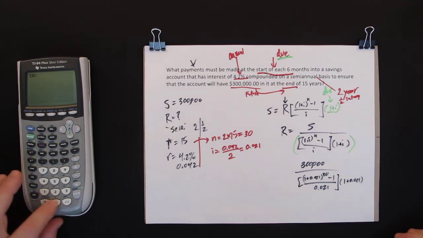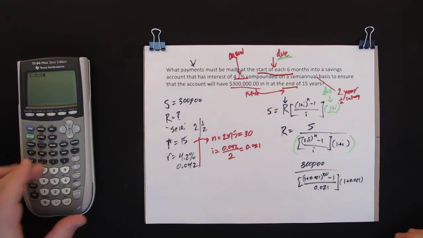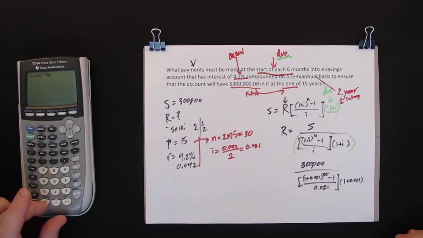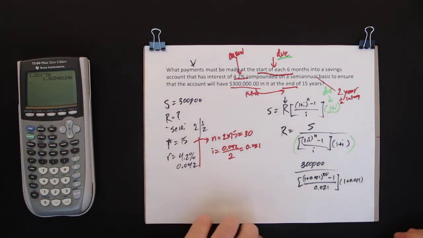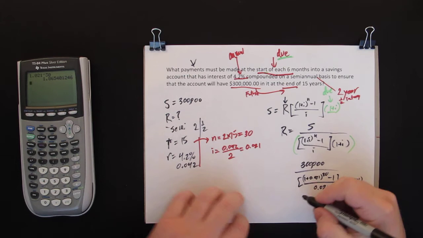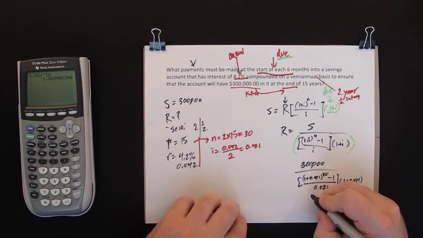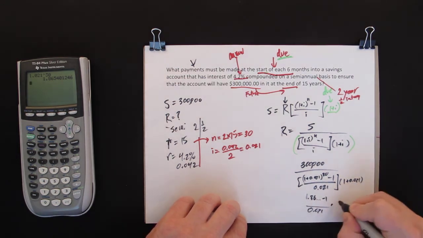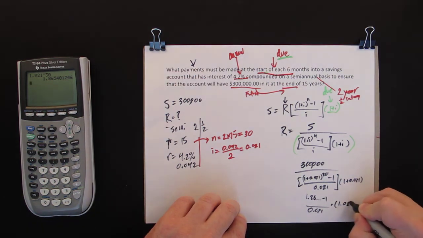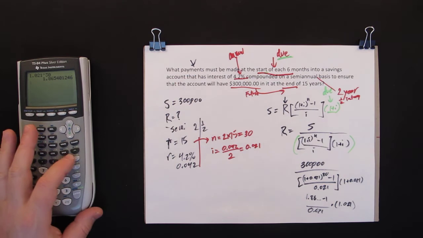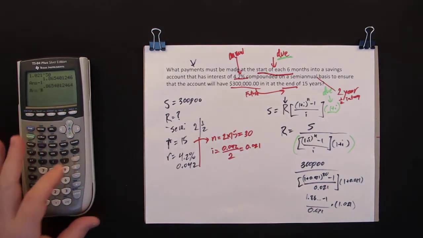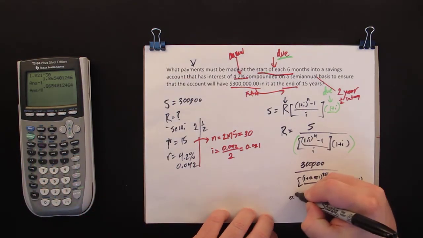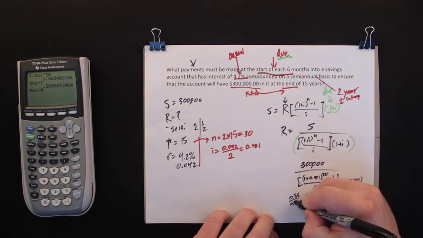Okay, so 1.021 raised to the 30th, so 1.86. Again, got to keep all these decimals around while you're doing the internal calculation. So 1.86 minus 1, and don't forget to multiply by this additional interest. So subtract 1. Divide by 0.021.